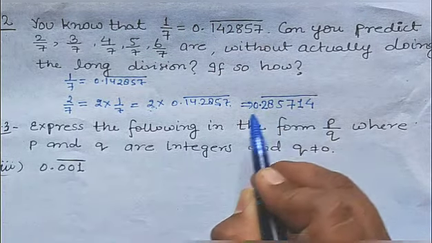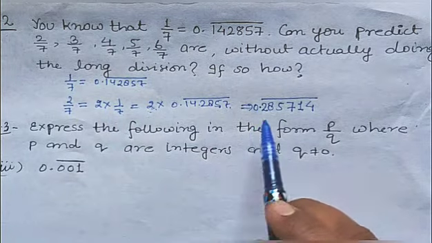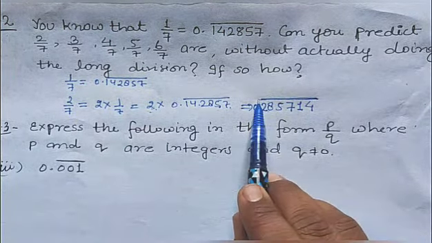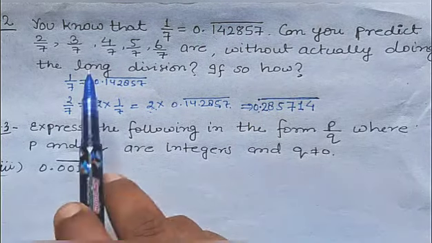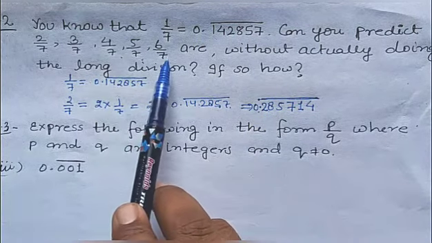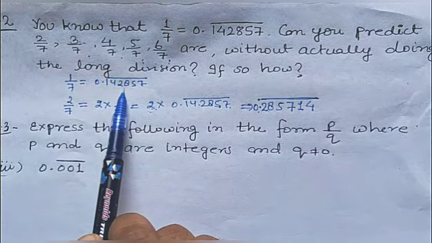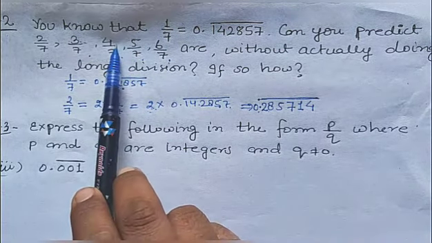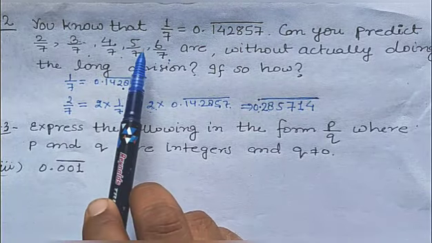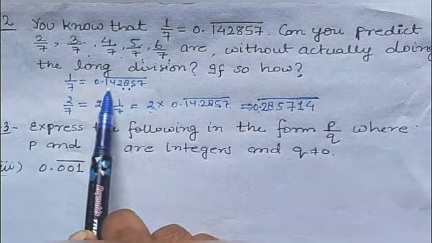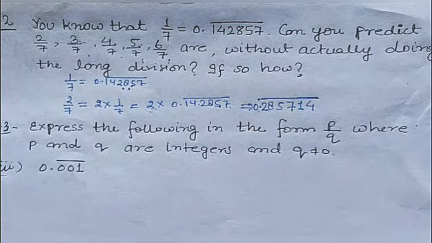So now the value of 2 upon 7 will be 0.285714 bar. Like this you can find the value of 3 by 7, 4 by 7, 5 by 7, 6 by 7. For 3 by 7 you multiply 3 into this number, for 4 by 7 you multiply 4 into this number, and for 5 by 7 you multiply 5 into this number. Simply you can find.